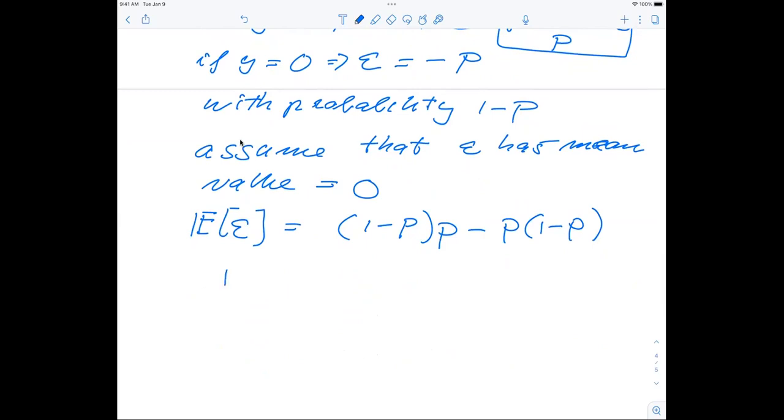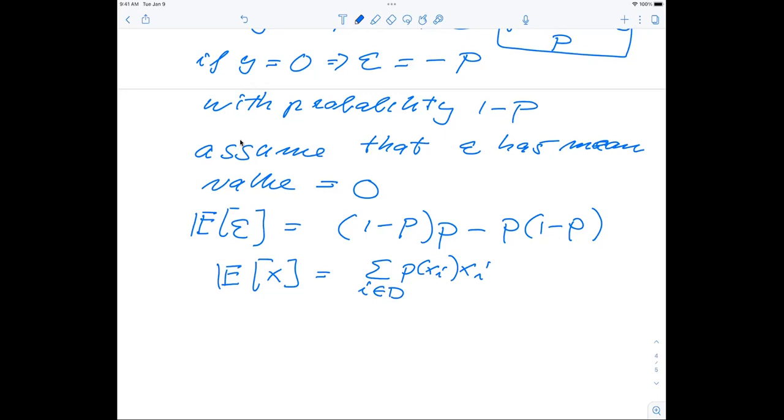So if you now look at an expectation value of any quantity x, that is given by the sum, if we know the probability P of x of y, multiplied with x of y, and then we sum over the domain of events. So I have two events here, 0 and 1. So what I'm simply doing now is to calculate the mean value.